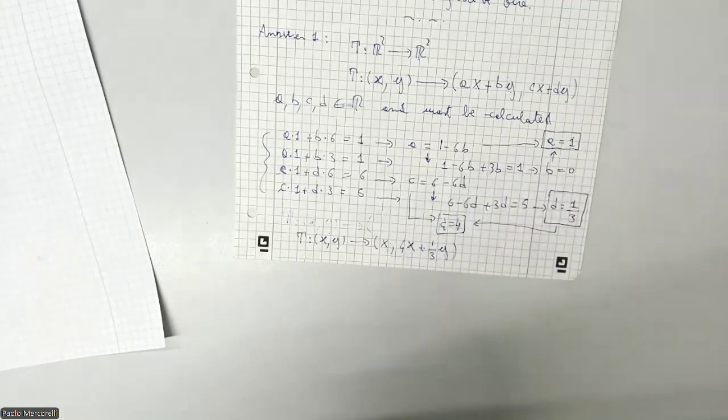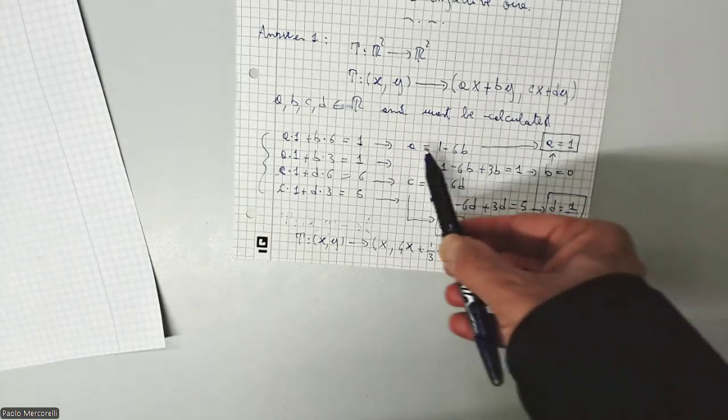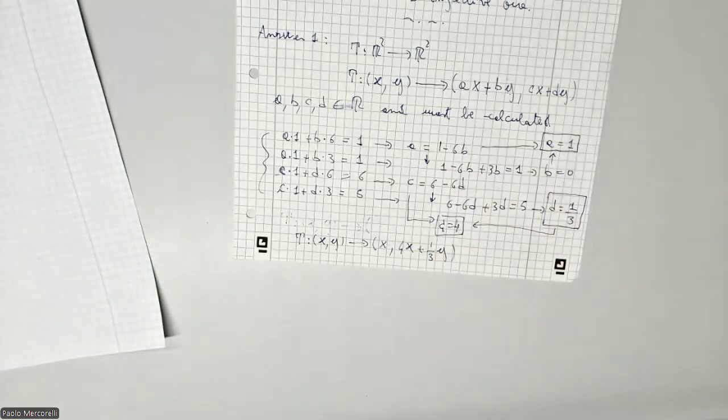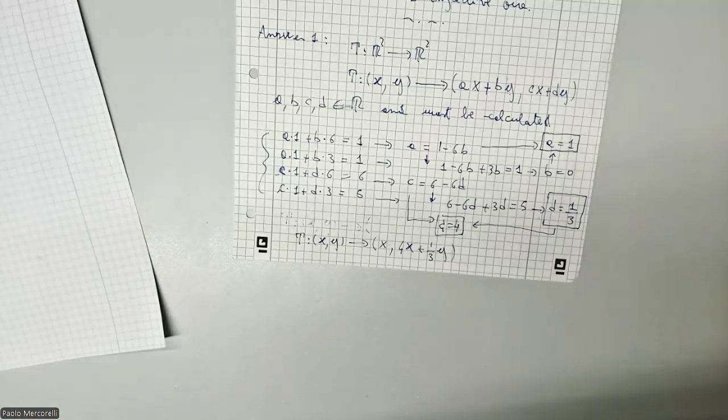And from here it is clear that b equals 0. Easy, no? Because we have minus 3b equals 0. If b equals 0, from the first equation, I have A equal 1. I already calculated A, and I already calculated B.